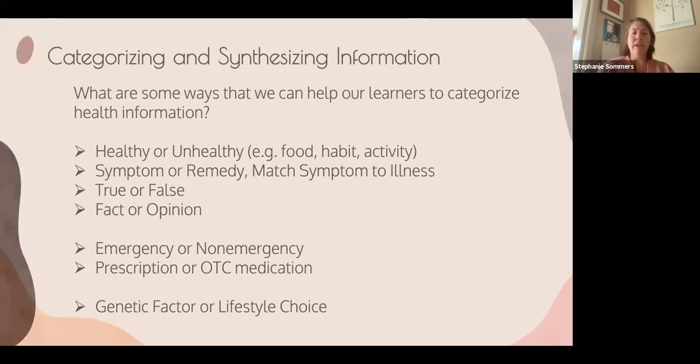For a little bit higher level students, maybe talking about if a health situation is an emergency or non-emergency, if you're talking about a prescription medication or over the counter. And then for maybe the more advanced students, talking about if a certain condition might be caused by genetic factors or if it's influenced by lifestyle choice. And so categorizing, again, really great for developing critical thinking skills.